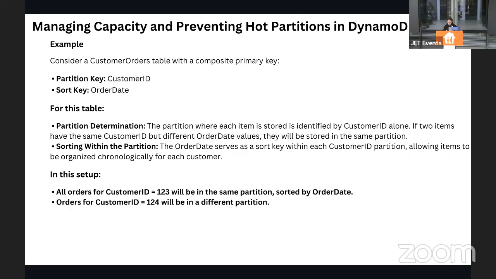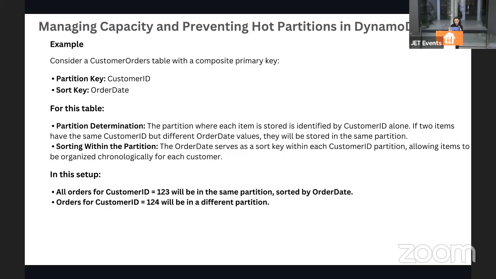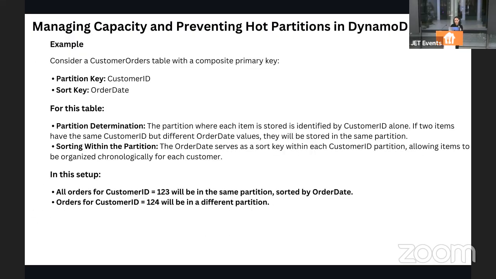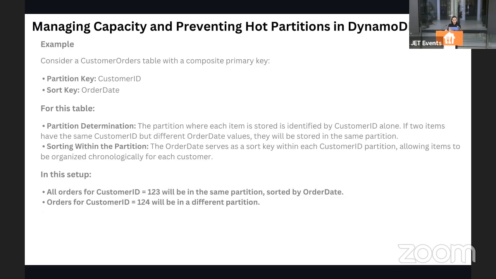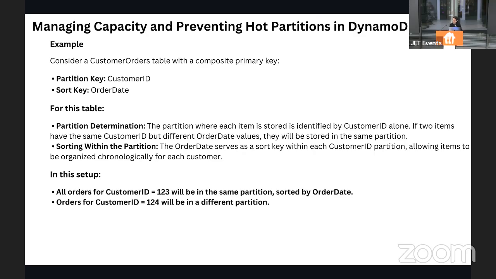So, managing capacity and preventing throttling in DynamoDB, something which I only slightly touched. DynamoDB has two different modes: provisioned mode and on-demand mode. The difference in provisioned mode is that you set a specific capacity level, known as read capacity units and write capacity units, based on expected usage.